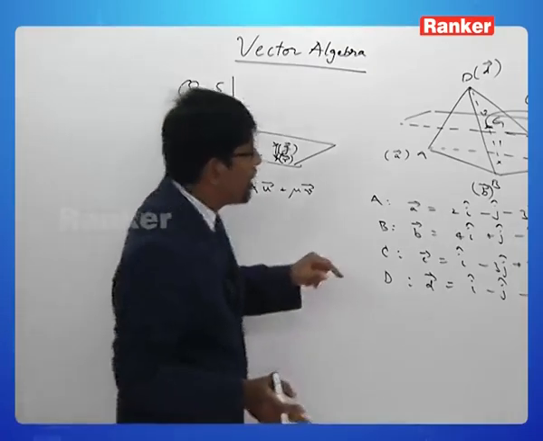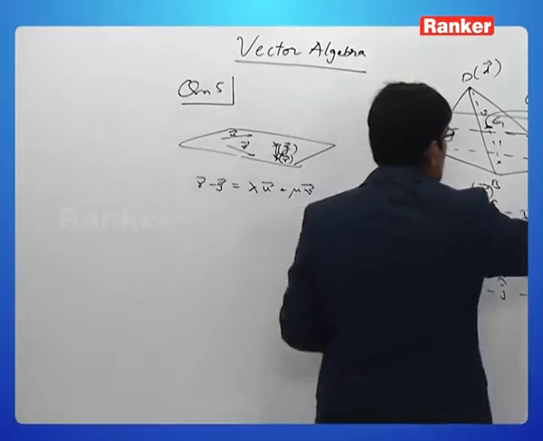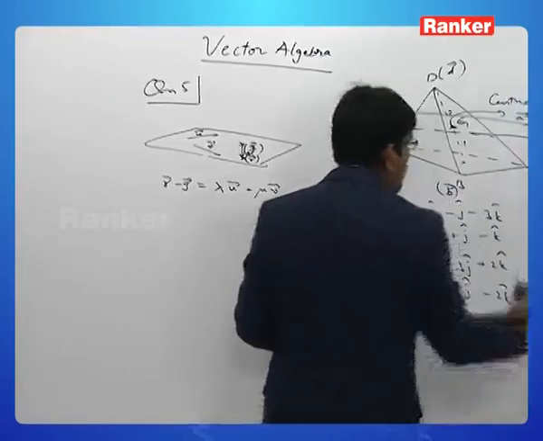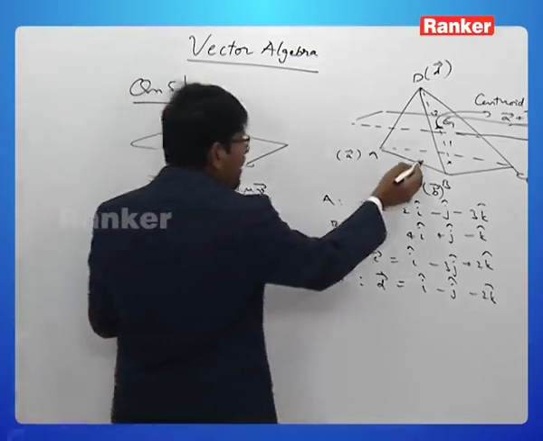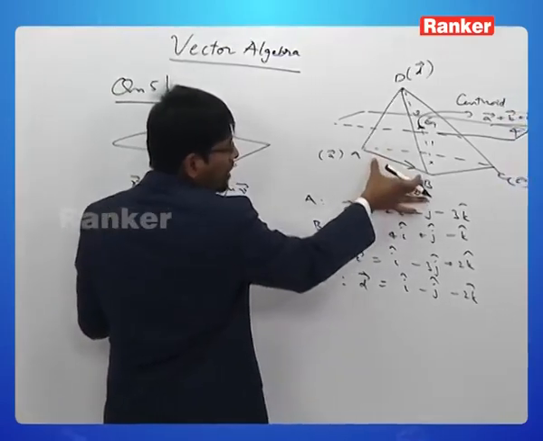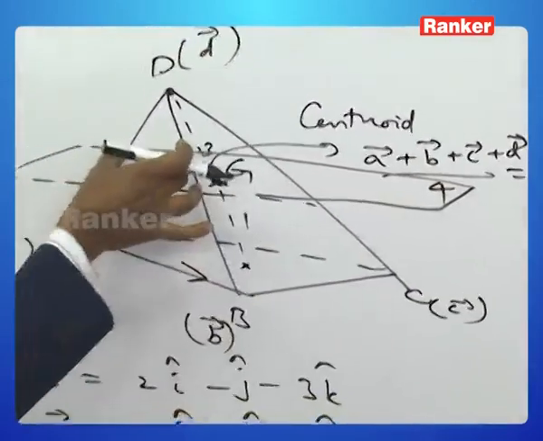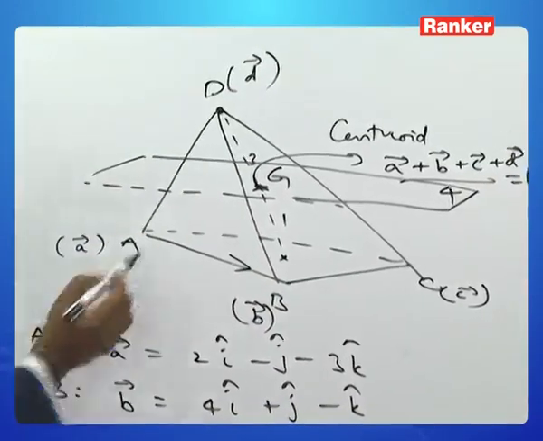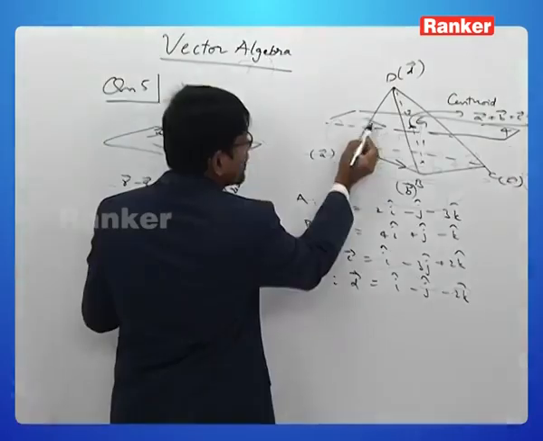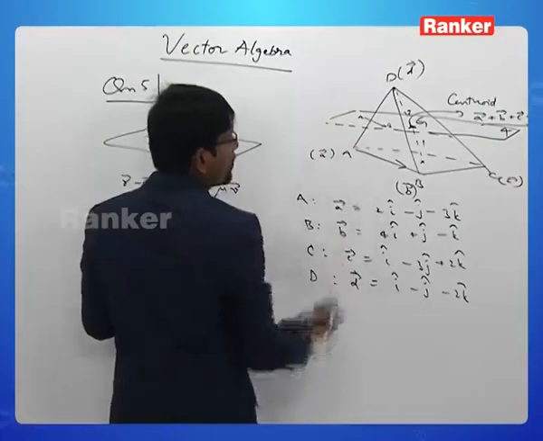Now here, instead of G bar, we have A bar plus B bar plus C bar plus D bar by 4, and instead of U bar and V bar, we can take the AB vector. This AB vector is parallel to this plane, so we can take a copy of AB onto the plane like this. This is the AB vector.